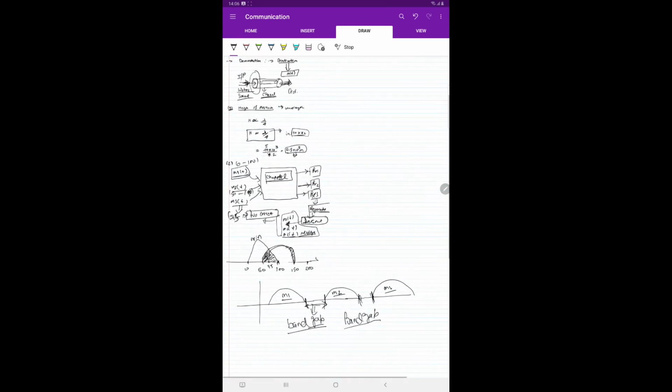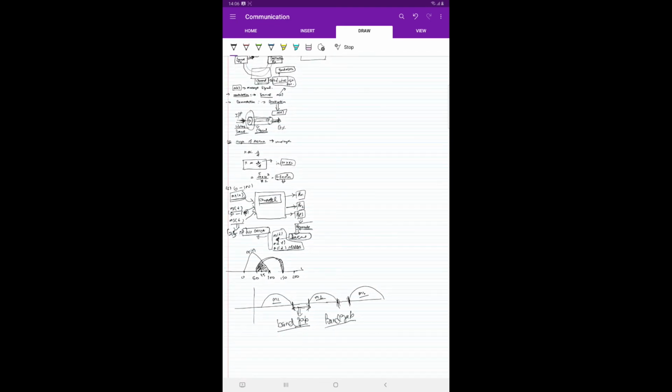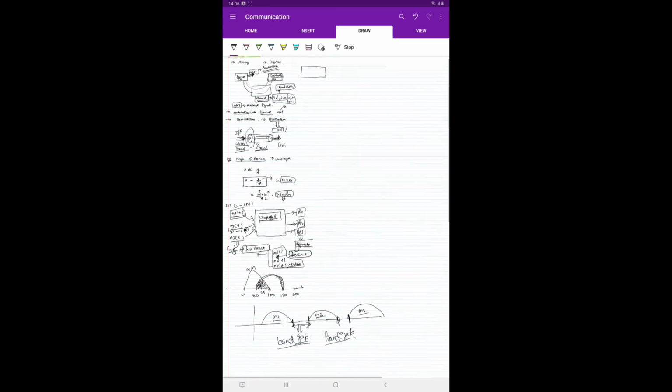So after modulation there will be a band gap and no interference between the message signals, so we can easily recover them at the receiving end without any problems.